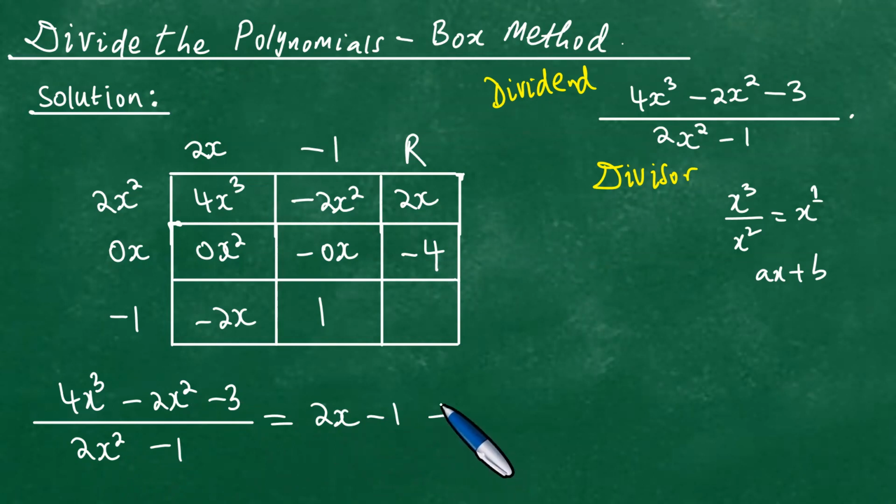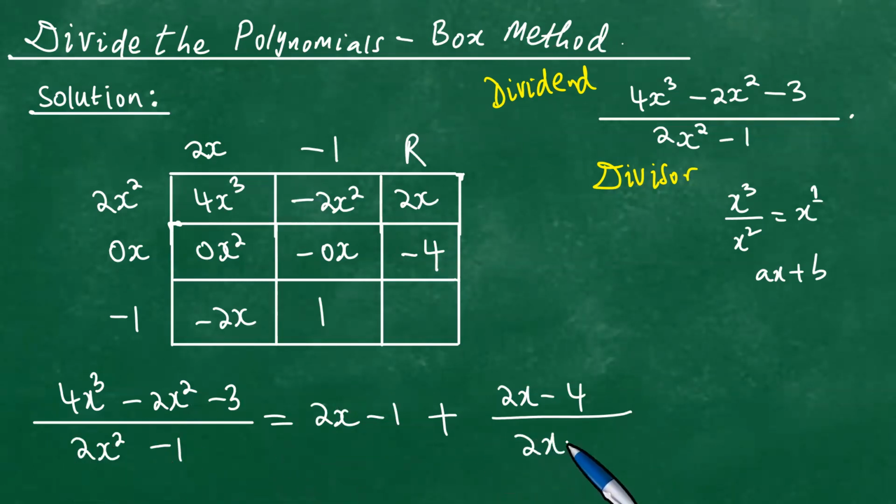And then now we'll get the quotient seated at the top of the box. And now we have the remainder. What is the remainder? The remainder is twice x minus 4. And it is most certainly divided by the divisor. And the divisor is twice x squared minus 1.